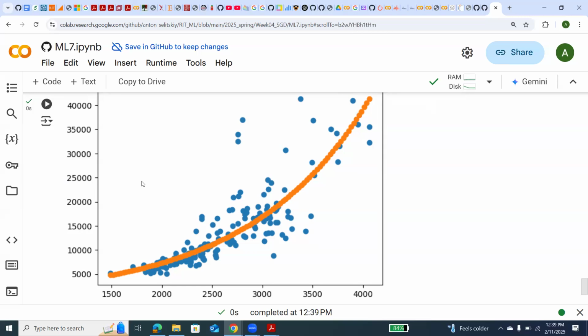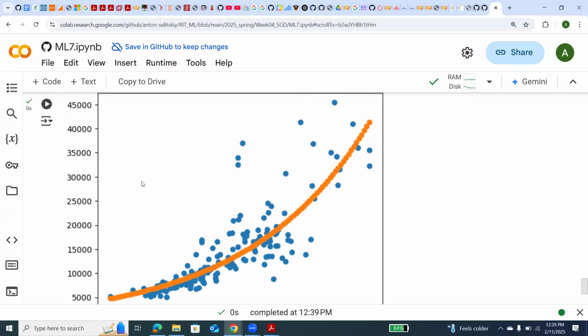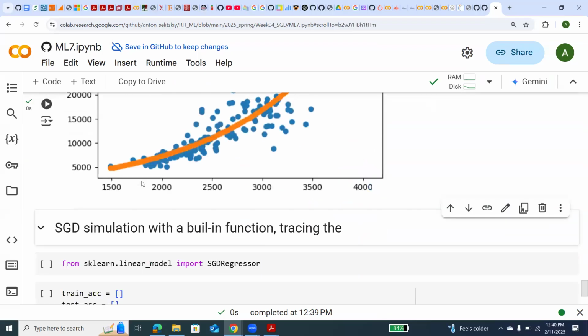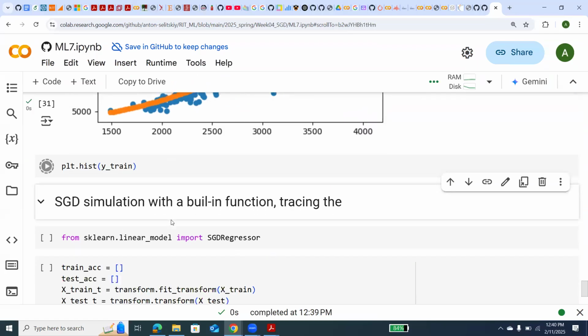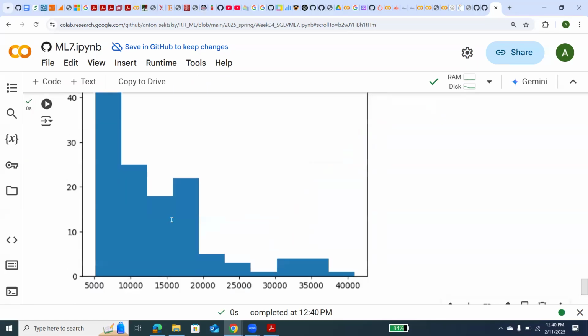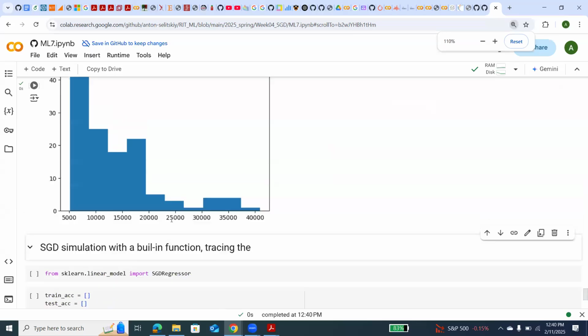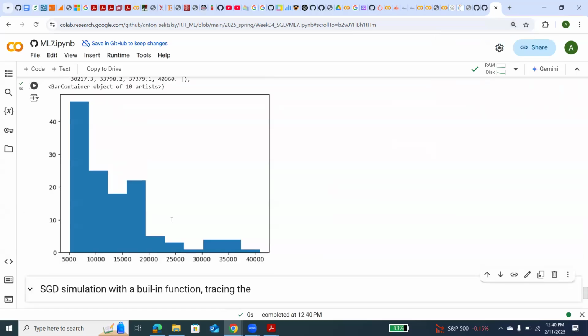So why does it perform like this? If I plot a histogram of the target, the hist of y train, you can see some targets with high price values.